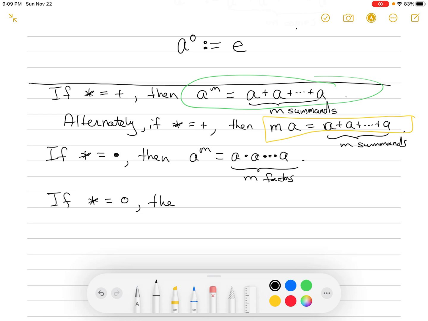In that case, if you were to write, for example, sigma to the m power, and let's say sigma is a permutation, that would mean sigma composed with sigma, composed with sigma. Just say you have m copies of that permutation, so you're composing that permutation over and over and over again.